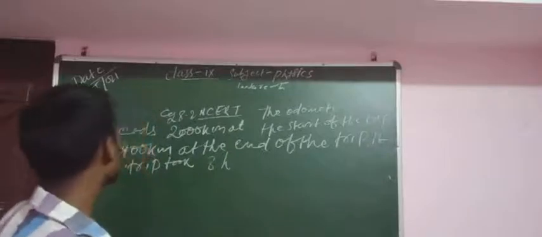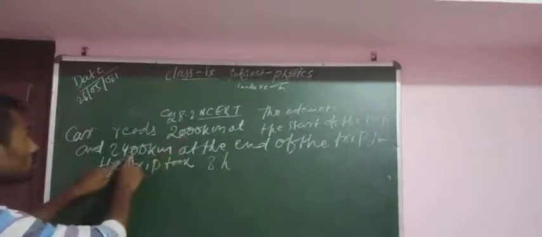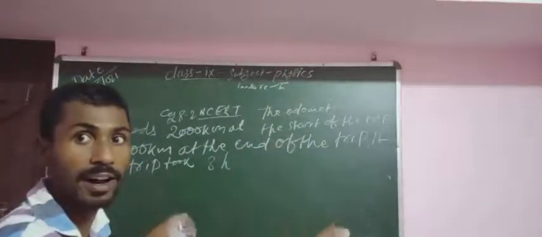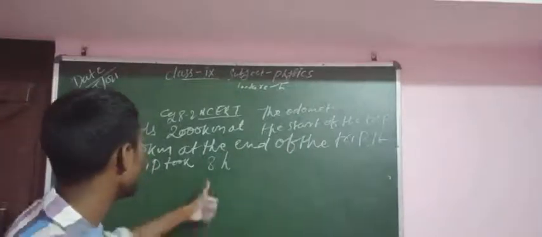that means the distance from 2000 to 2400 is covered by the vehicle in 8 hours.